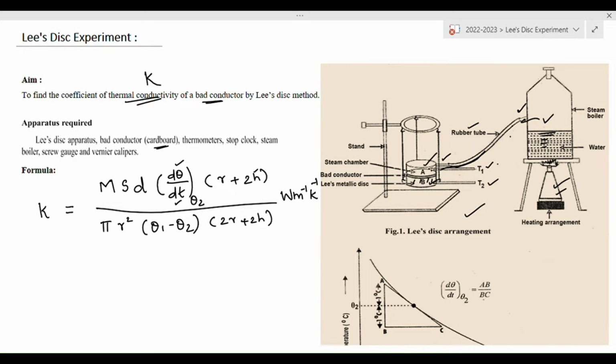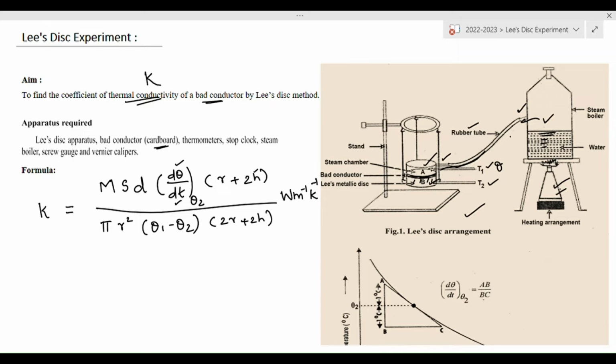Now, the temperature in thermometer 1, which is inserted in the steam chamber A, is increasing. Then the heat is given to the metal disc B. Now, a cardboard for which we are going to find the thermal conductivity is inserted in between A and B before starting the experiment.